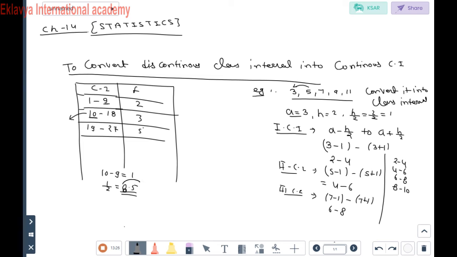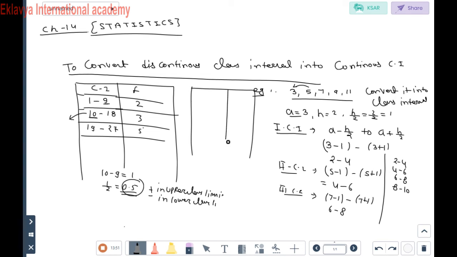Now that difference we will add to the upper class limit and subtract from the lower class limit. For the upper class limit, students, you add the difference, and for the lower class limit, you subtract.